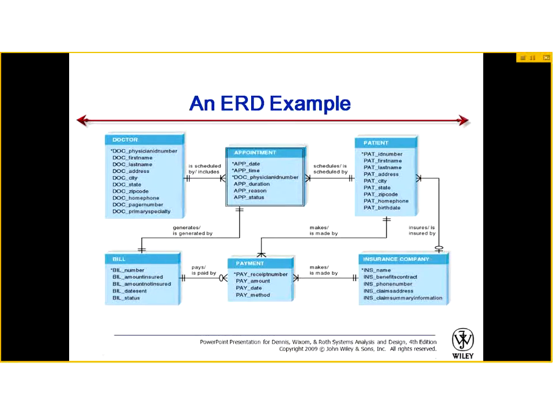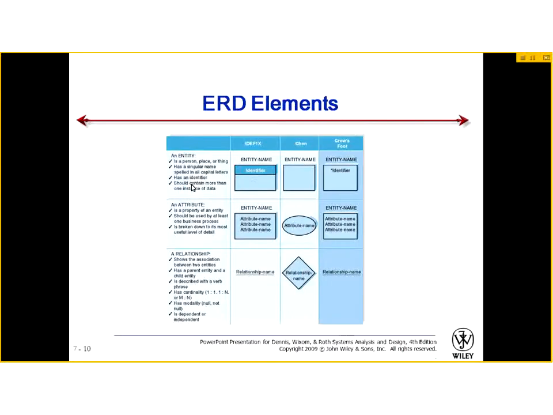And similarly, an appointment generates a bill or a bill is generated by an appointment. So this is the relationship existing between them. Then you can see that there are certain symbols which are used to represent cardinality and modality, which we'll be talking about in a short while.